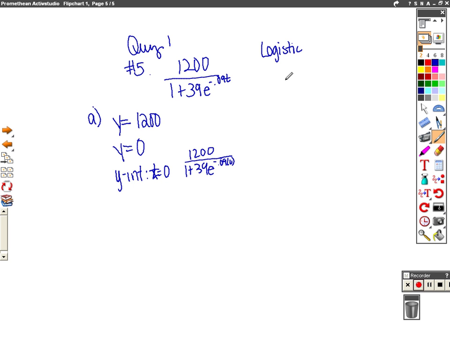So I'm going to put in 0 here. And I don't really encourage you to write across the page. I prefer you write down, but because of room. Negative 0.09 to the 0 power is just going to be 0. E to the 0 is what? It's 1. So 1 times 39 is 39.